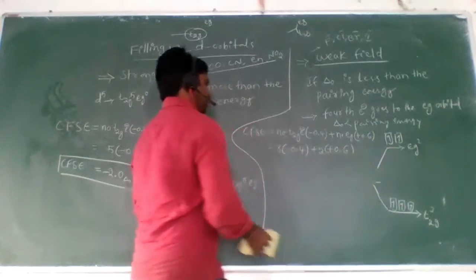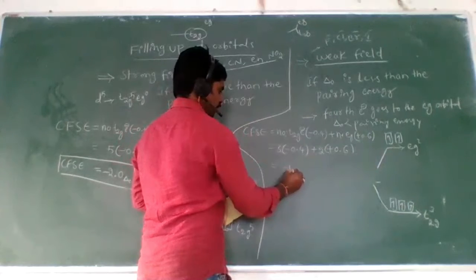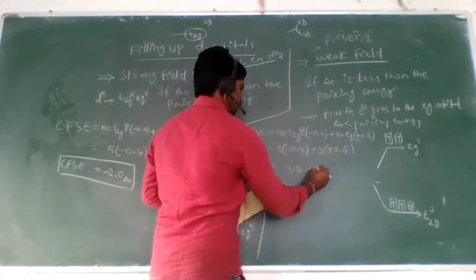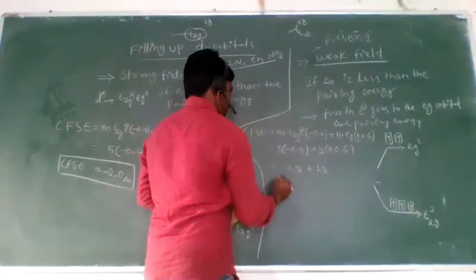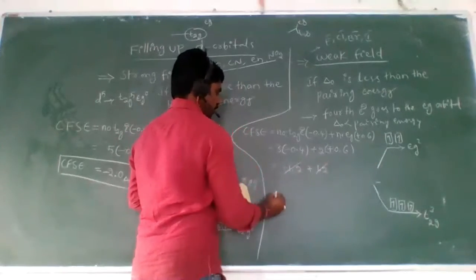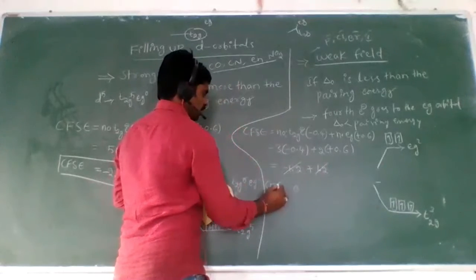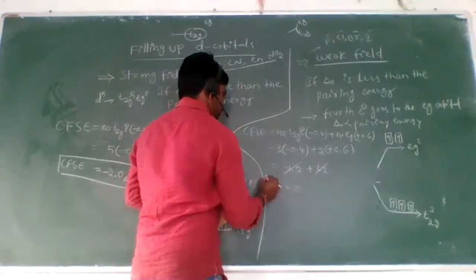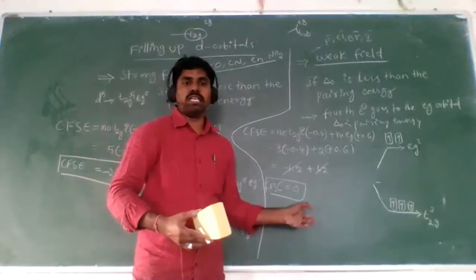Now see here, totally minus 1.2 plus 1.2. So minus 1.2 plus 1.2 is equal to 0. So CFSE is equal to 0.